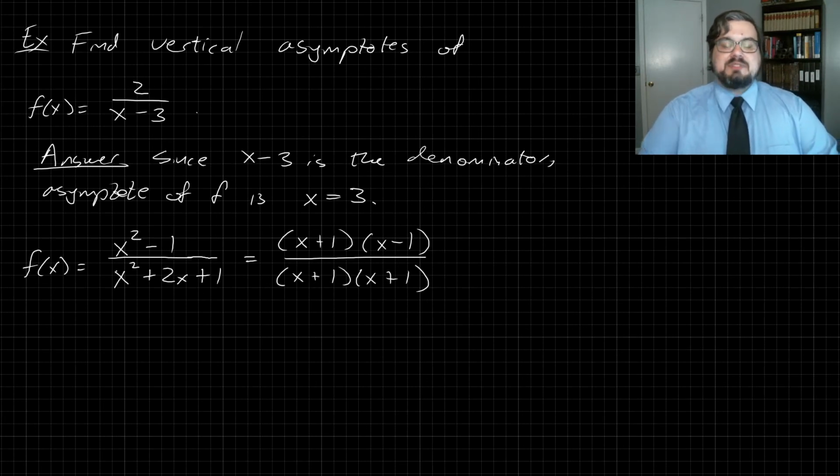And when that happens, before determining the zeros of the function and before determining the vertical asymptotes of the function, you have to cancel any common factors.